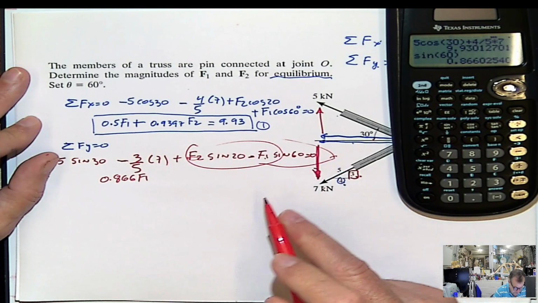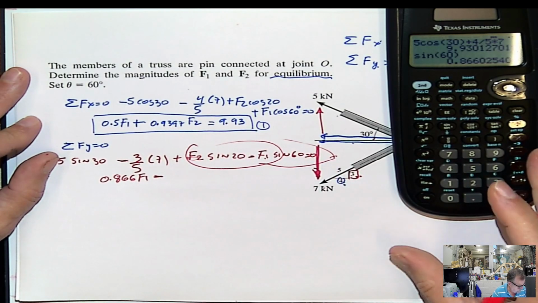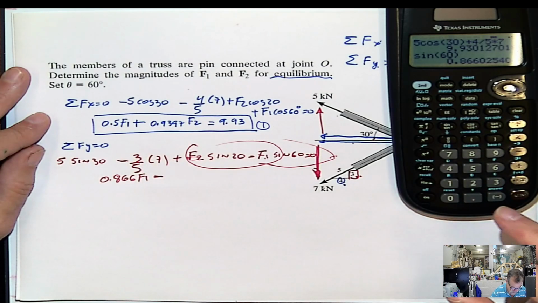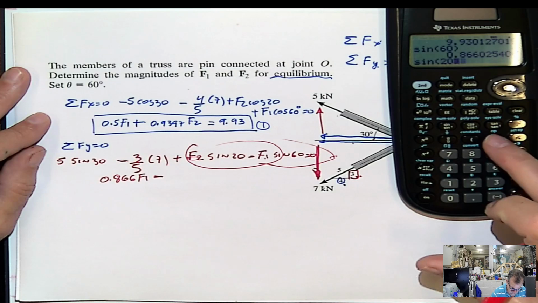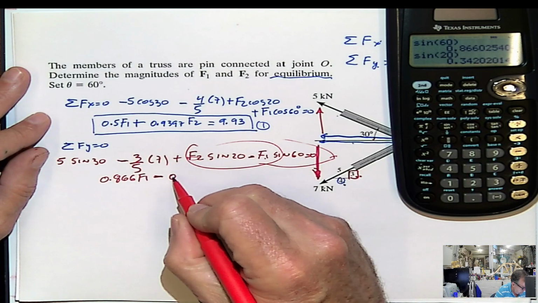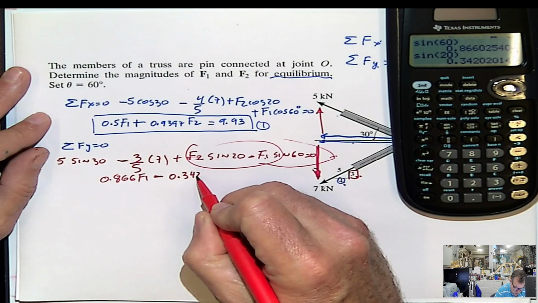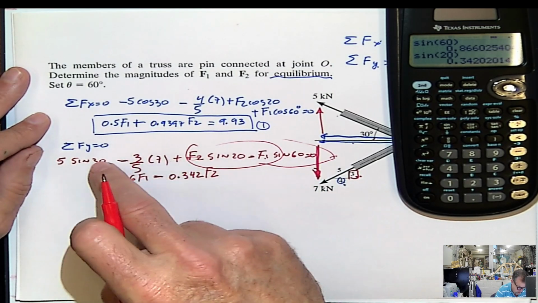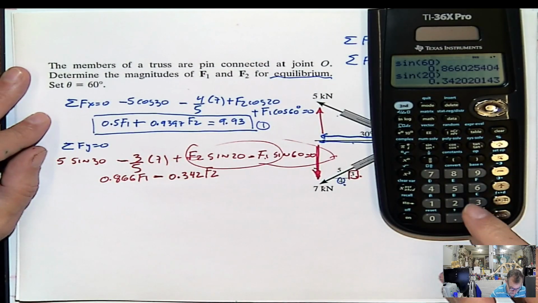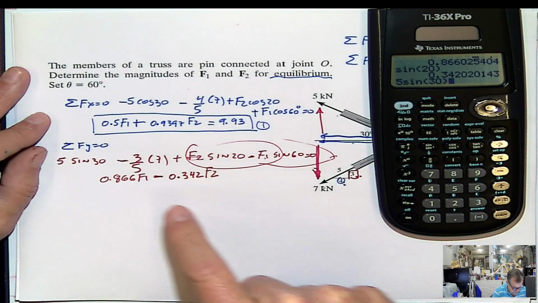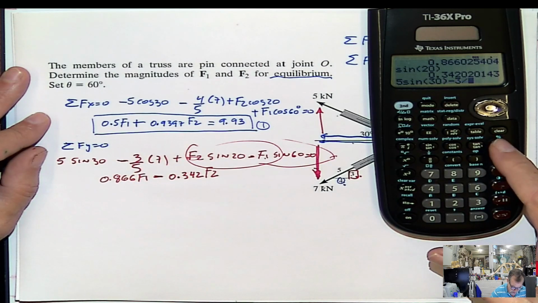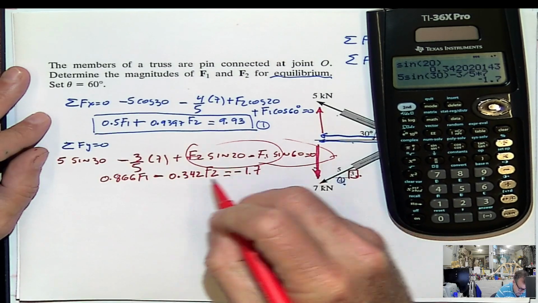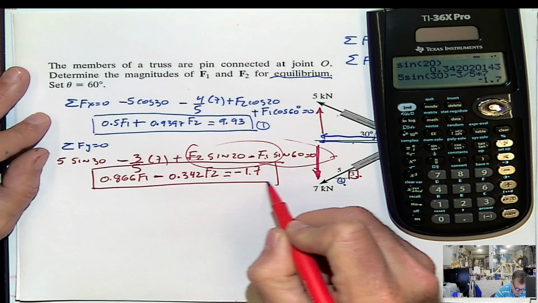This, if I pass it to the other side, will be minus 0.342 F2. And these two are going to remain, so the sign doesn't change: 5 sine 30 minus 3/5 times 7. That will be negative 1.7. And that will be our equation number 2.